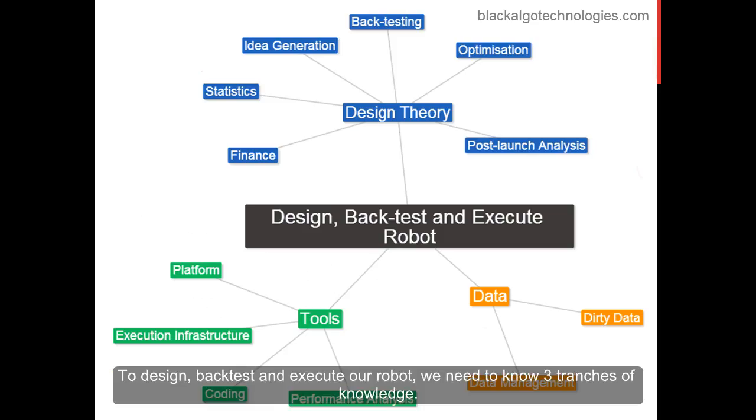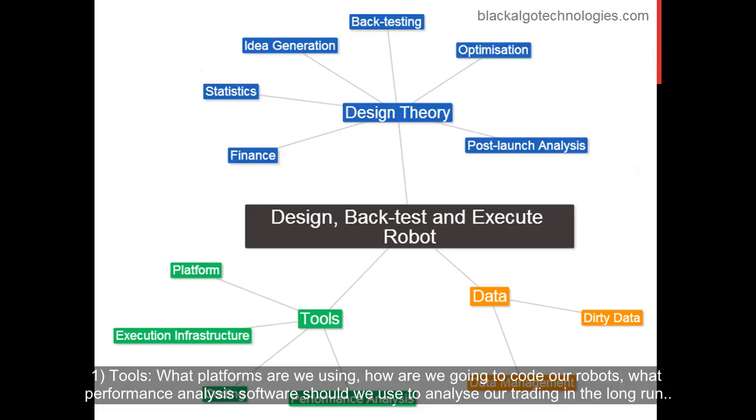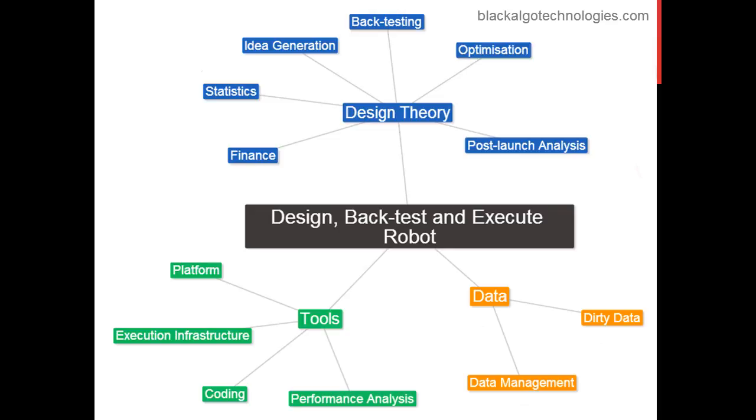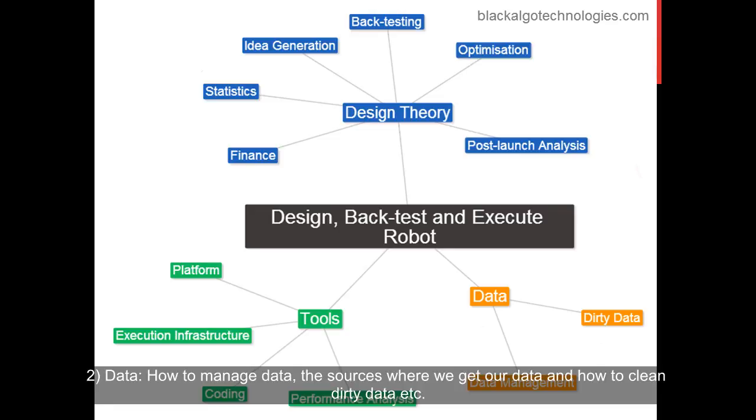To design, backtest, and execute our robots, we need to know three tranches. First is the tools. What platform are we using? How are we going to code our robots? What performance analysis software do we use to analyze the performance of our trading in the long run? What software do we need to execute our robot? The second, data.